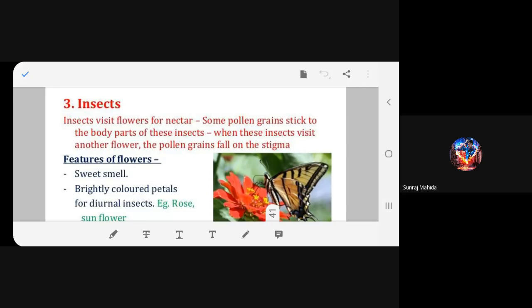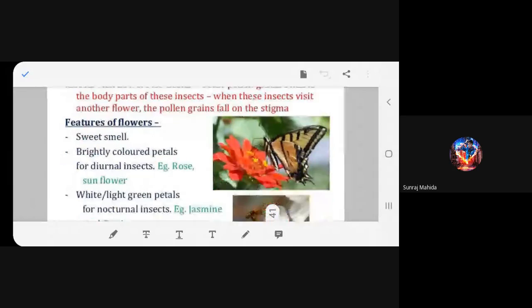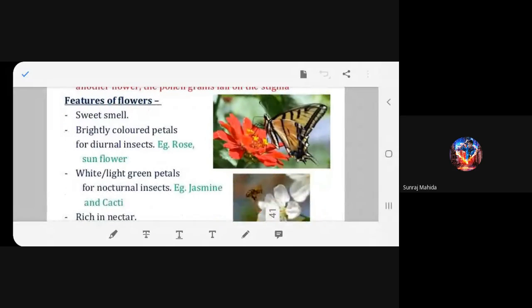They also have very brightly colored petals, for diurnal insects. What are diurnal insects? Insects which are very active during daytime. Example, rose and sunflower. These are the flowers which attract diurnal insects like bees and wasps, right?